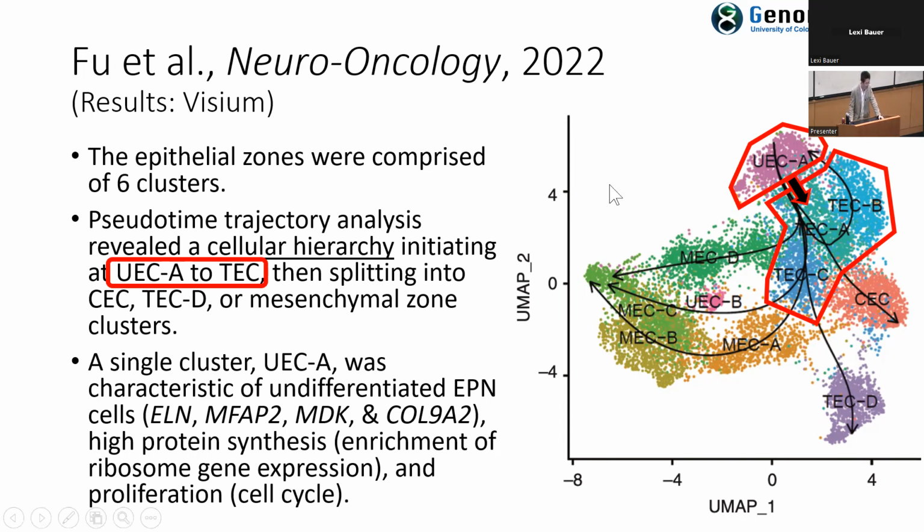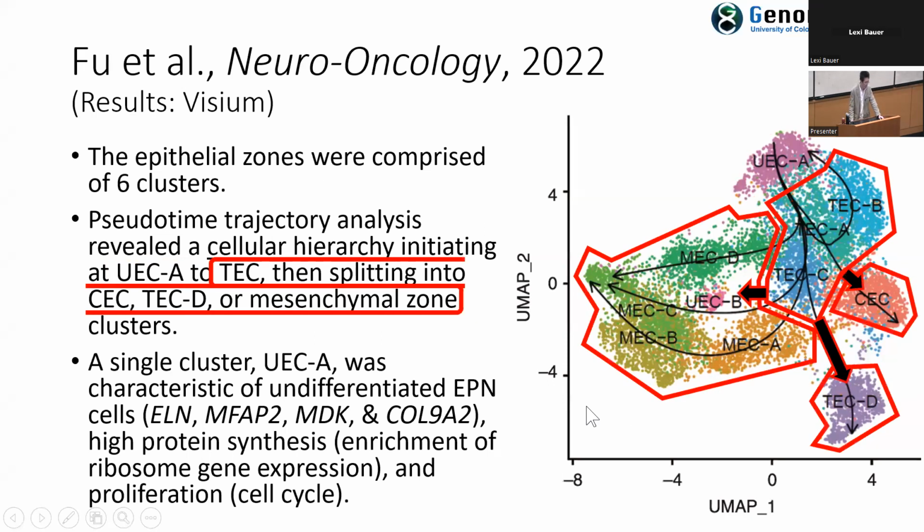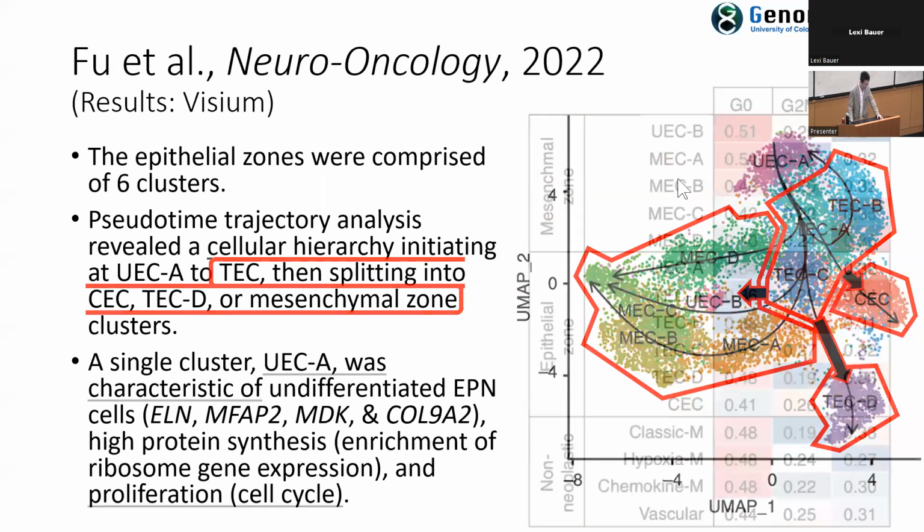It looks like adjacent to it are the TECs, the transportive ependymoma cells ABC. And then that proceeds to branch off into these other zone clusters. So you got the CEC, you got the TEC-D, and then you got the mesenchymal zone cells. So once again, a secondary analysis using UMAPs is essentially telling us that with the UECA, there's something special going on there, something very interesting. So that's clue number 2.